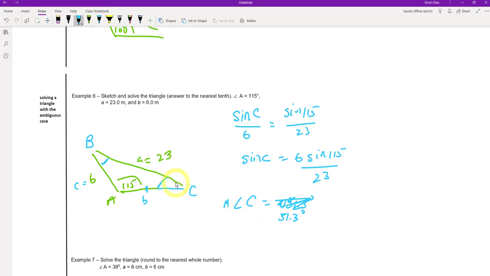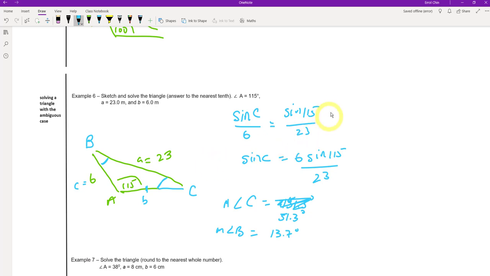Now, if this is 51.3 degrees, we know that this is 115. We automatically know measure of angle B. Measure of angle B is roughly 13.7 degrees, right? Because we know that the sum of the angles is 180.